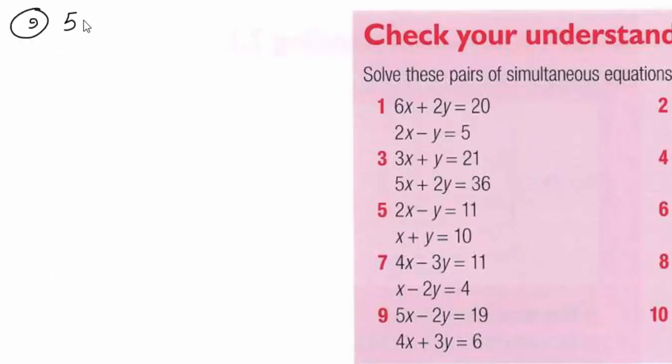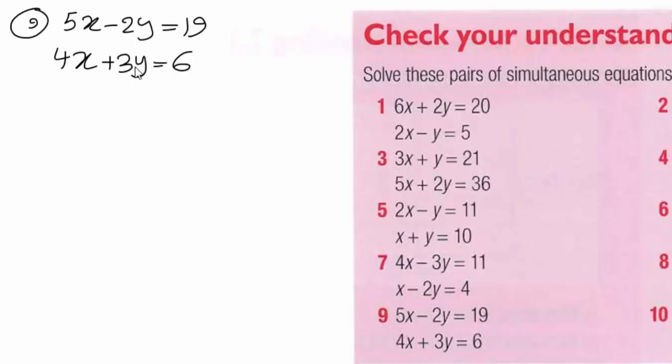Question 9, 5x minus 2y is equal to 19 and 4x plus 3y is equal to 6. Do you see the same variable? 5x, 4x, not the same. 2y, 3y, not the same.